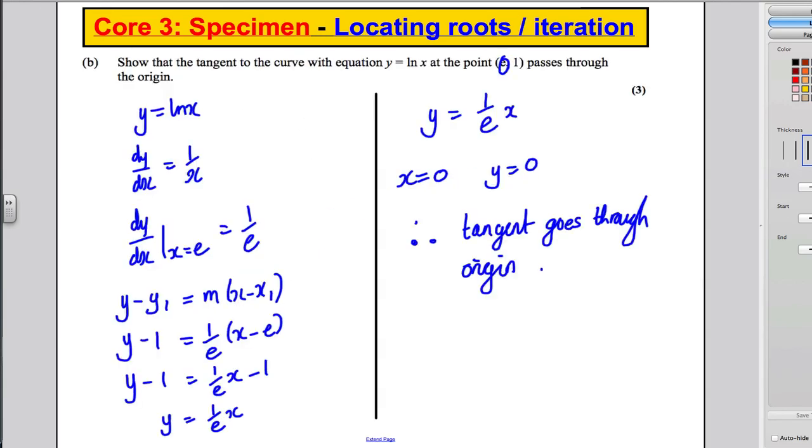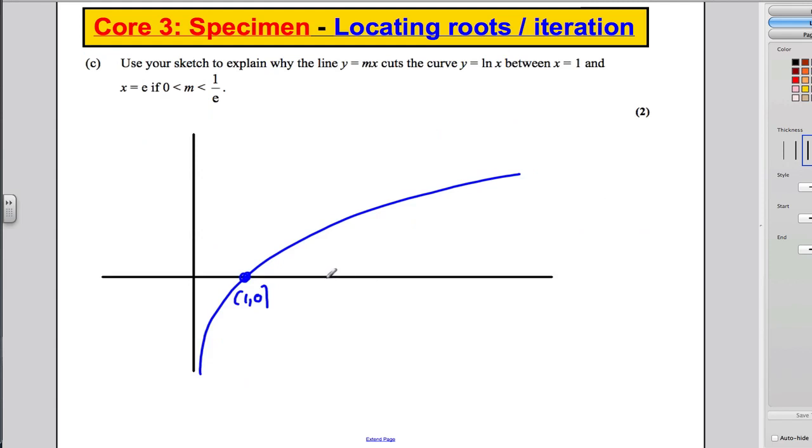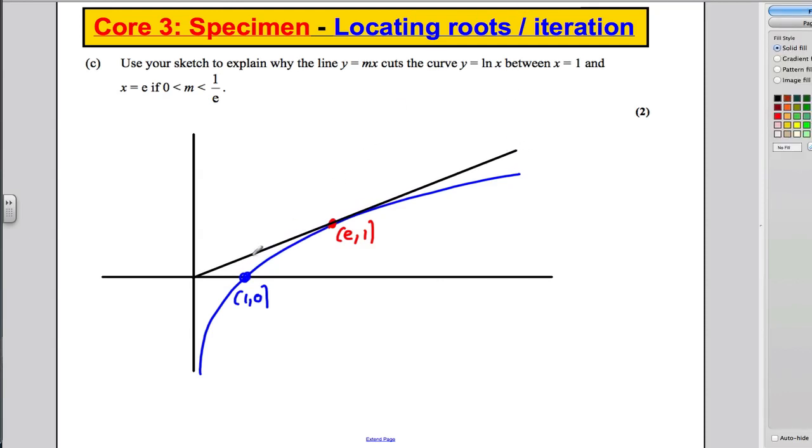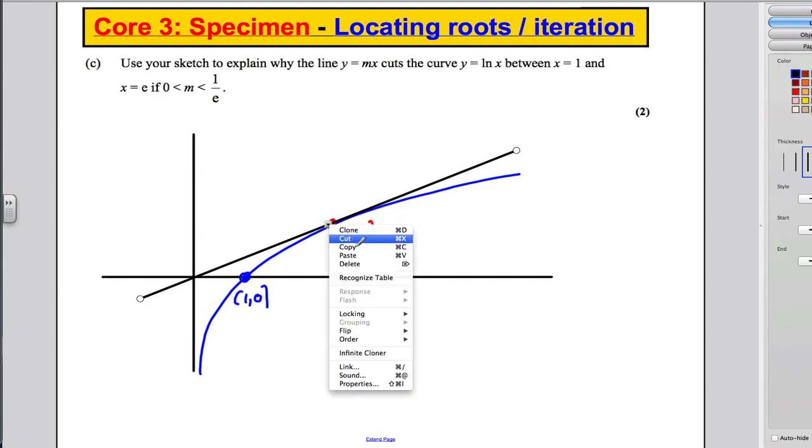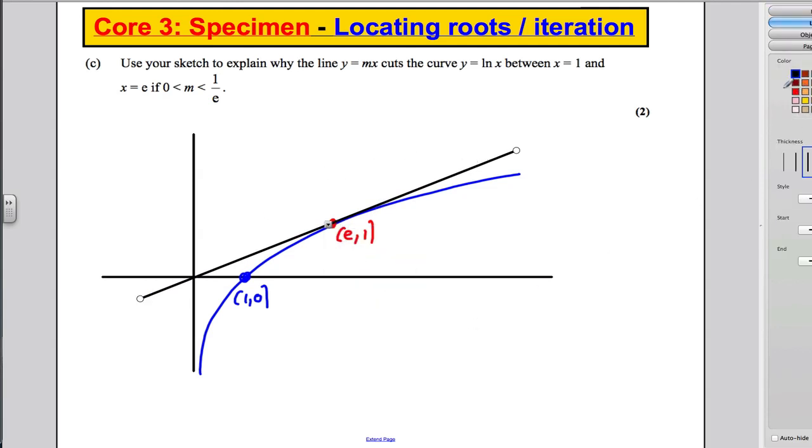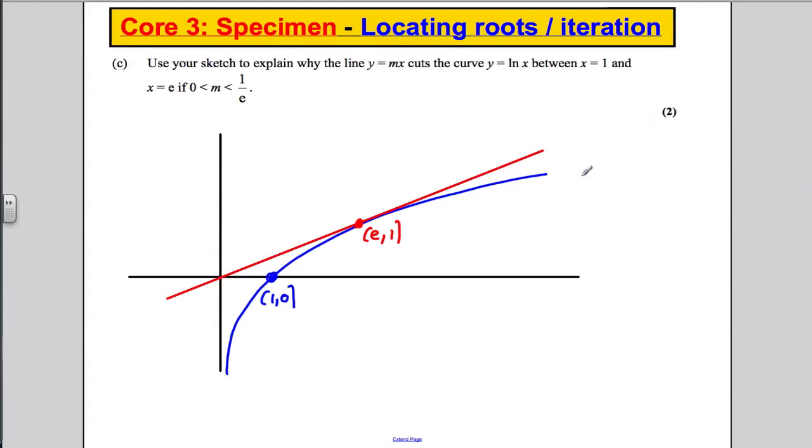You knew that the point e, 1 is 2.7 something, so e, 1 is this point here. And you knew that that tangent went through that point there. You knew that as a fact.